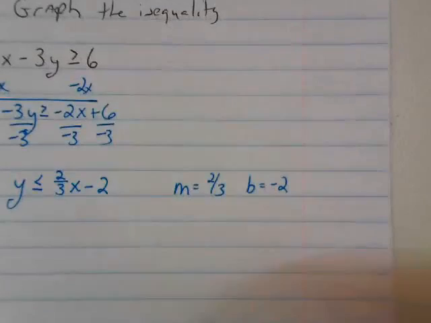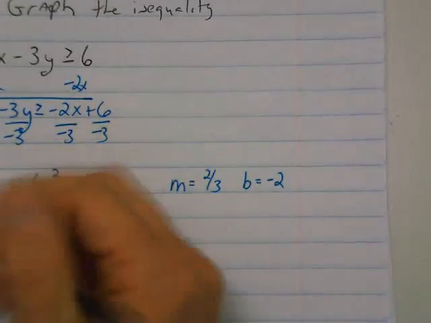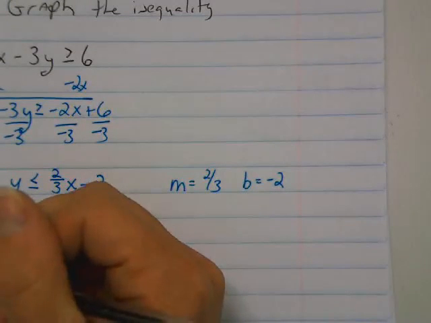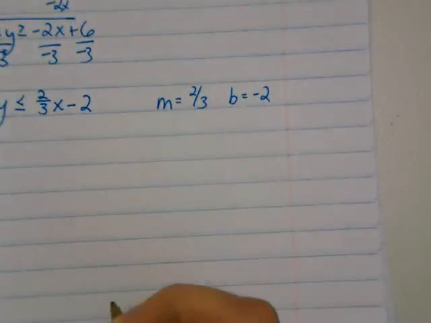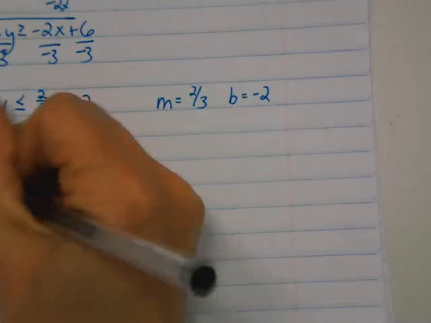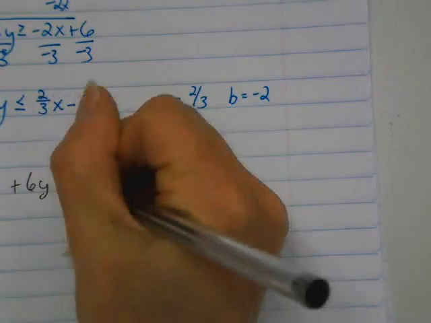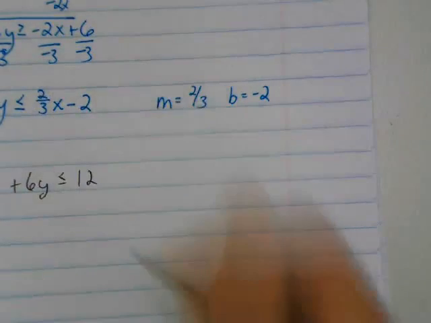Let's do one more, just to make sure that you totally have this before I add on to it. How about 3x plus 6y is less than or equal to 12.